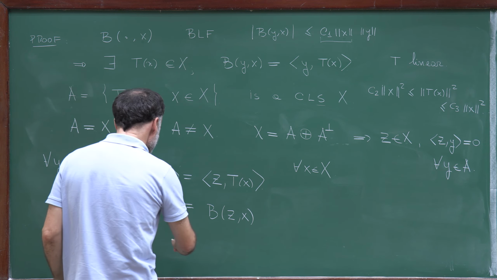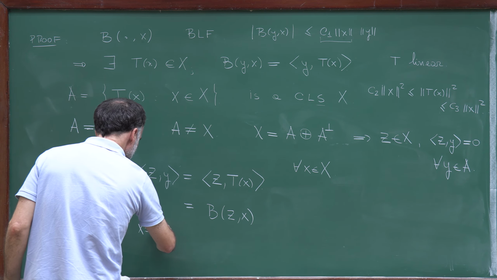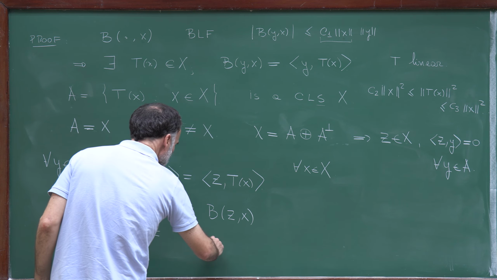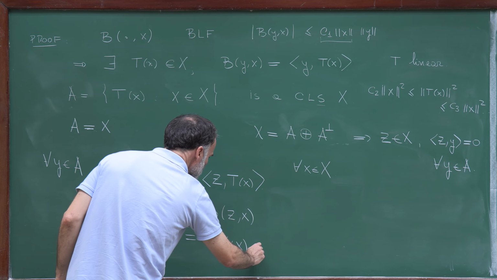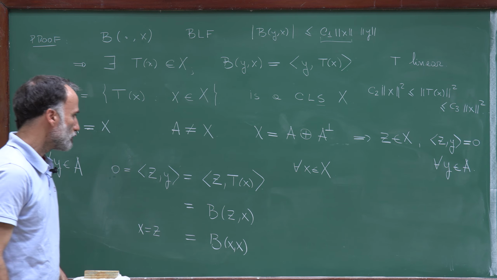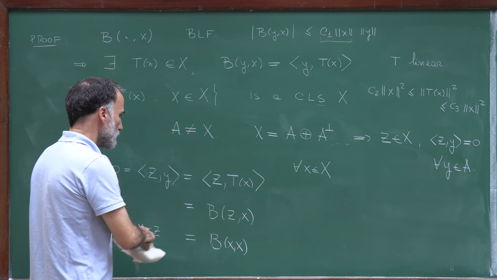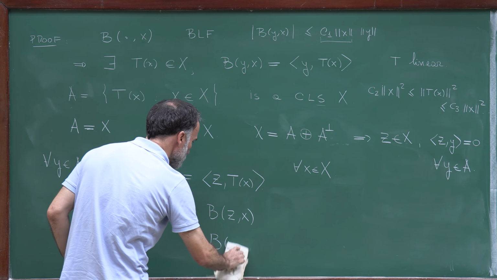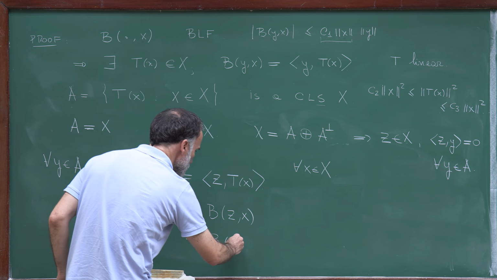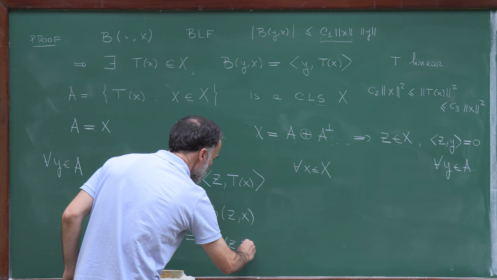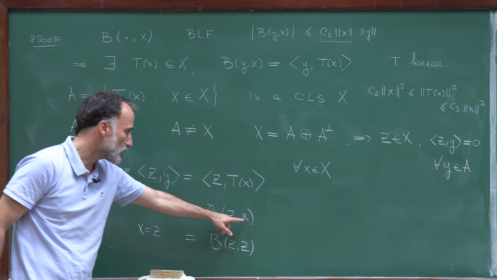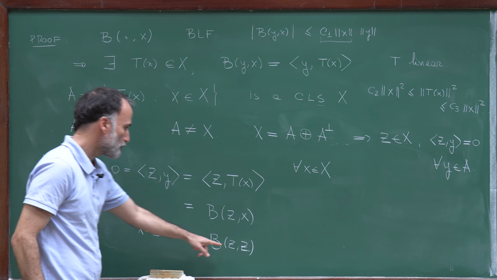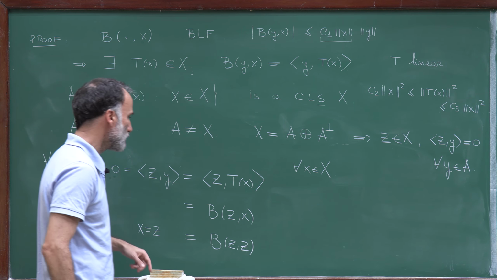So take x equal to Z. From that we have that B of Z, Z is equal to 0. Let me write that as ZZ instead of XX, because I'm choosing x to be Z. So I get that BZZ is 0.